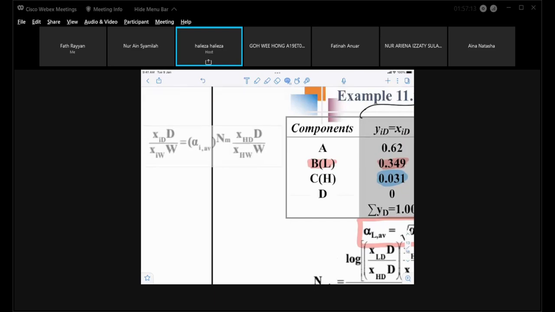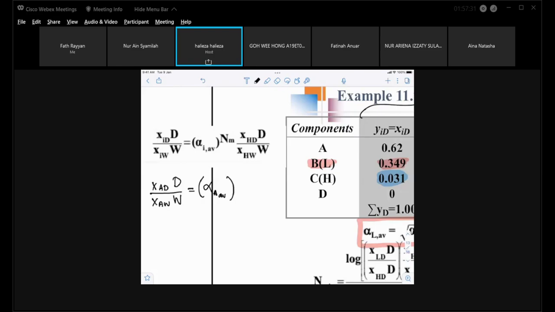That's the equation. For component A, the amount in the distillate times the distillate flow rate, and component A in the bottom product times the bottom product flow rate, equals the relative volatility of component A, the average value, to the power of n mean.